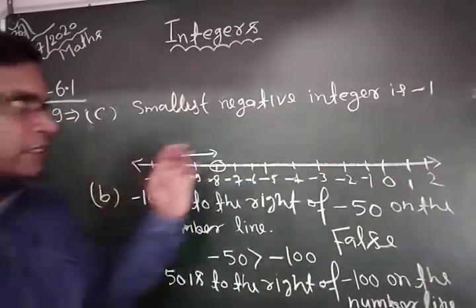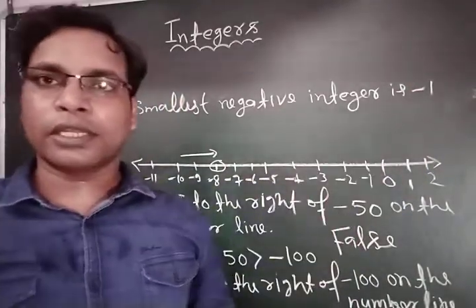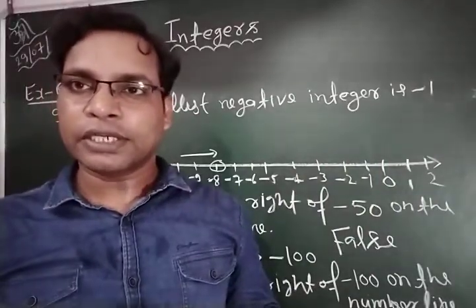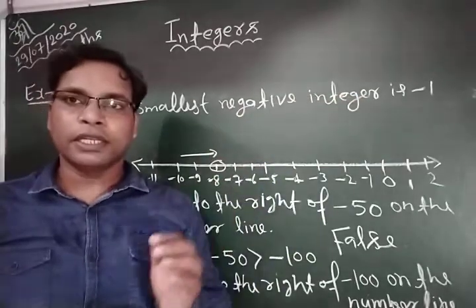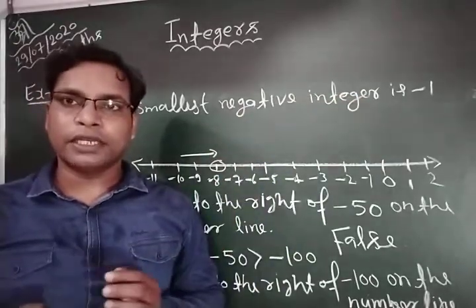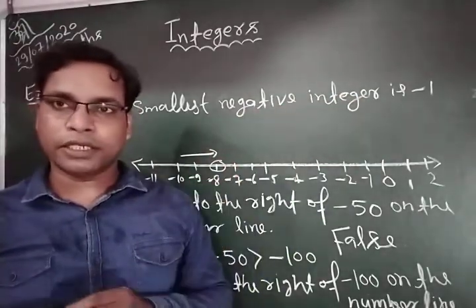So minus 1 means the greatest negative integer, not the smallest negative integer. Okay, minus 1 is the greatest negative integer, not the smallest negative integer.